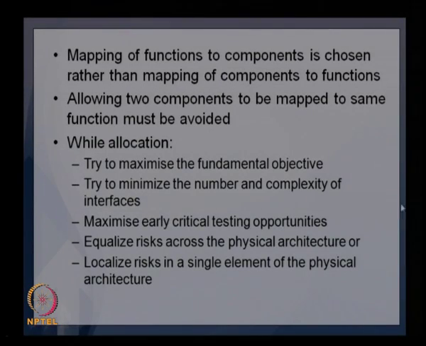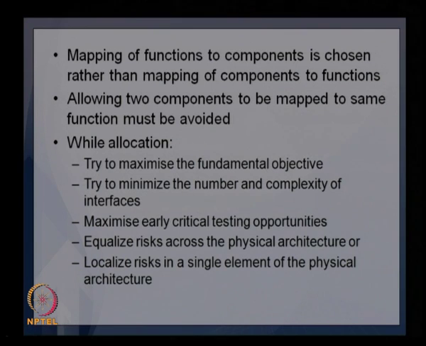Similarly, we need to try to minimize the number and complexity of interfaces also. So, whenever we have options for different architectures, we should look at the number and complexity of interfaces. Whenever we have systems and subsystems, there will always be interfaces, and we need to ensure that these interfaces are minimum, and the complexity of the interface is also less.